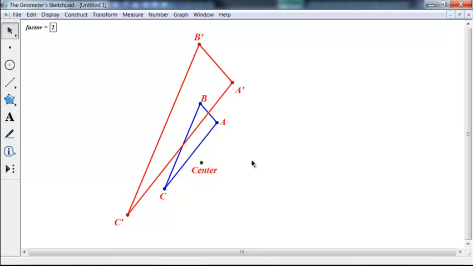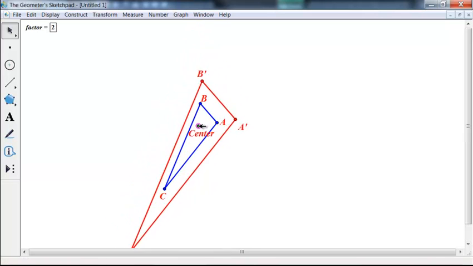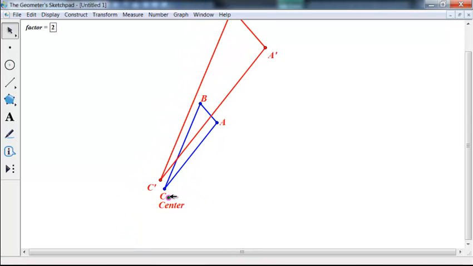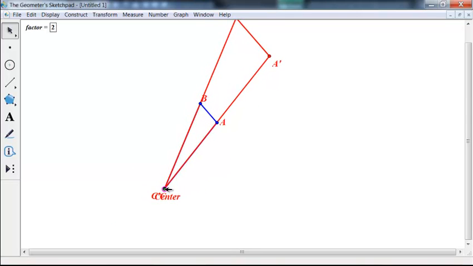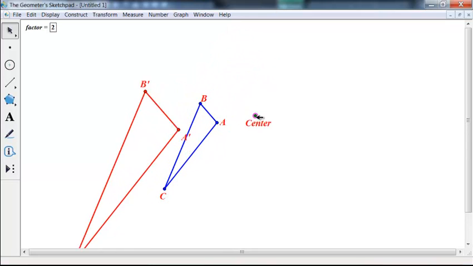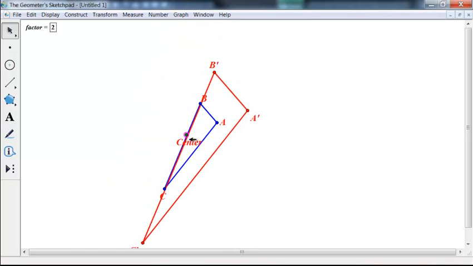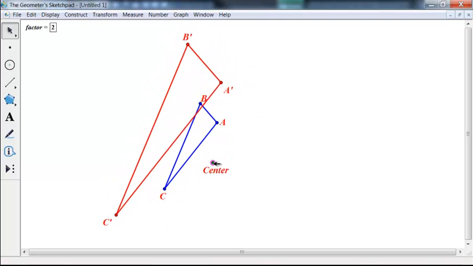Do you see any relationship about what's going on here? Do these look congruent? Clearly not congruent, not the same length, but as I move the center around, do you notice anything about the points?